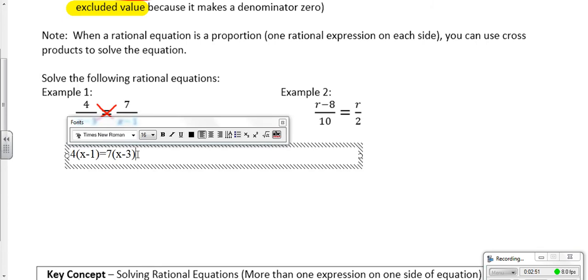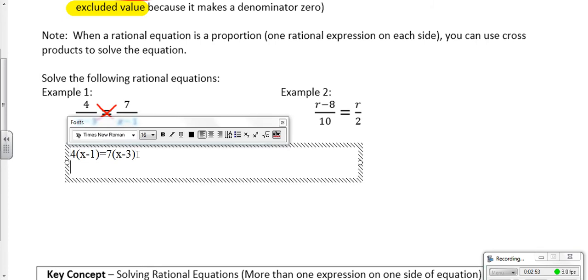All right, so if we solve that, I would distribute the 4 and get 4x minus 4 equals, and then I would distribute the 7, so 7 times x is 7x, and then 7 times negative 3, so it would be a negative 21. This should be an equal sign, sorry. All right, so that's what happens when we distribute. You have to remember to distribute. Then we'd solve for x.